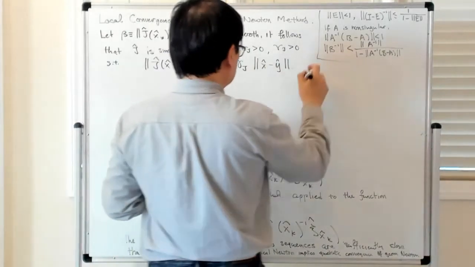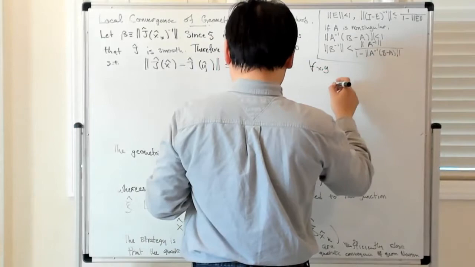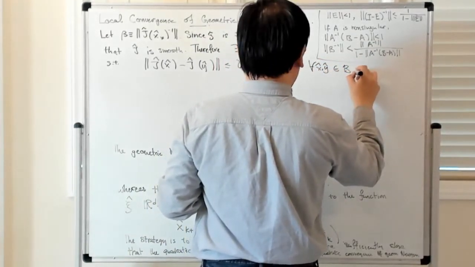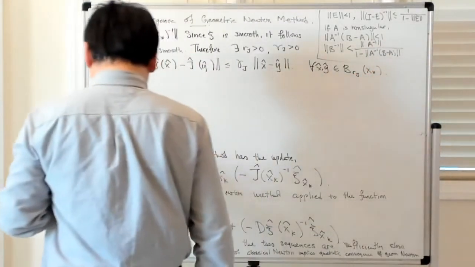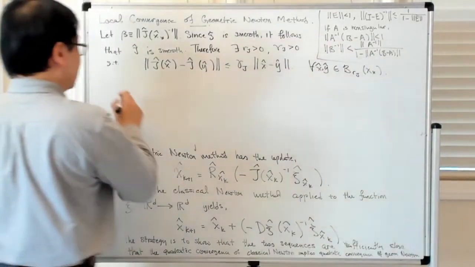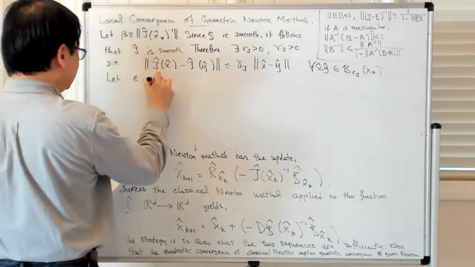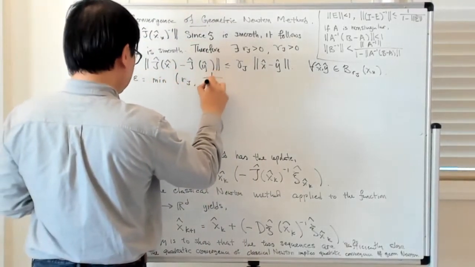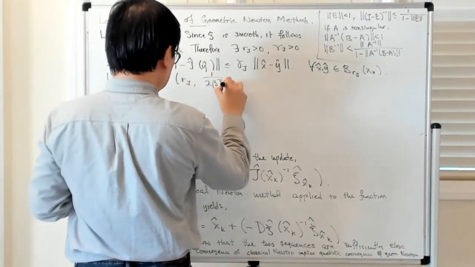This is true for all x hat, y hat in the ball of radius rj about the point x star. Then you let epsilon be the minimum of rj and 1 over 2 beta gamma j.